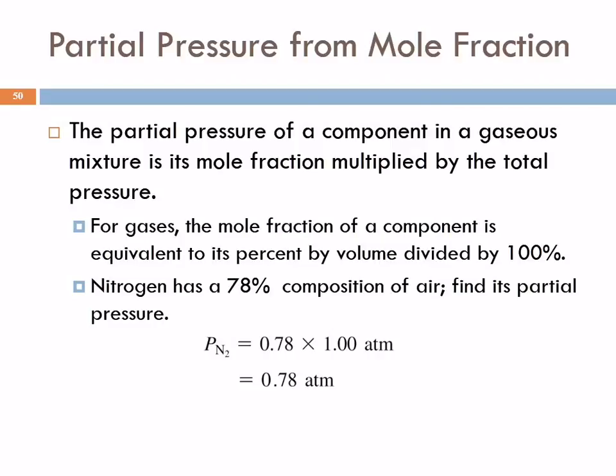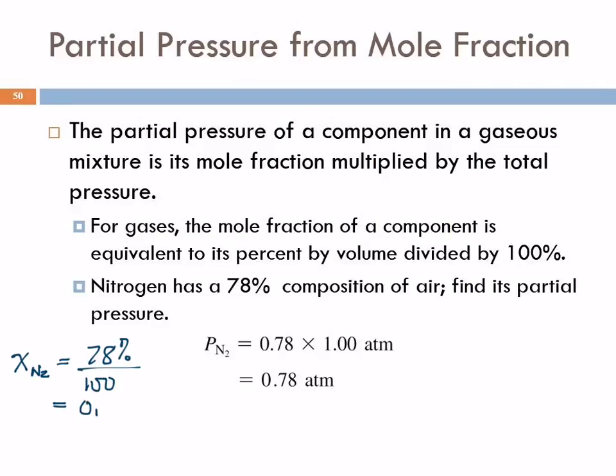So the mole fraction is related to a percentage. The mole fraction is just the percentage divided by 100. So if we look at air, air was 78% nitrogen. Then the mole fraction is 0.78. So the mole fraction of nitrogen is the 78% divided by 100.